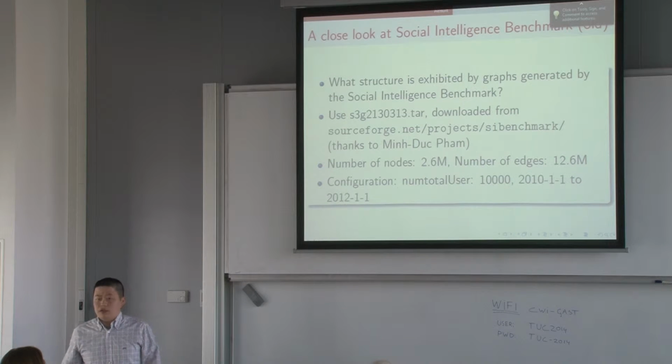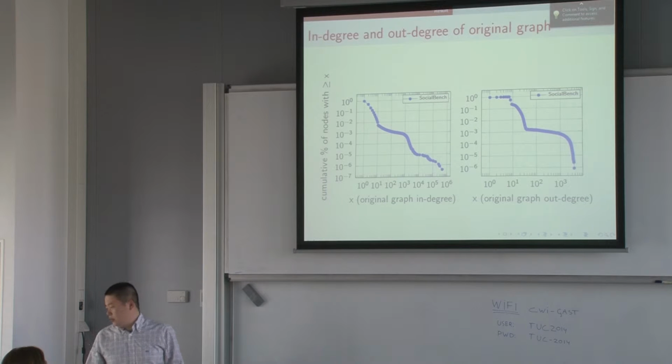But I think even for this small data set, we can somehow see how the generator behaves. This is the in-degree and out-degree of the original graph. We see that the in-degree somehow follows a power law distribution, but the out-degree does not very much follow the power law distribution. So this is for the original graph.